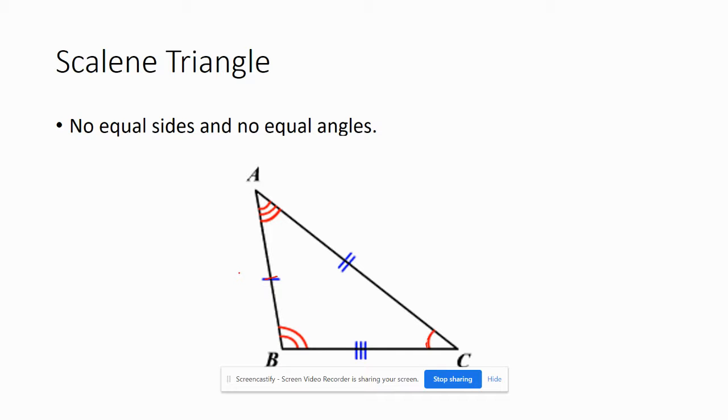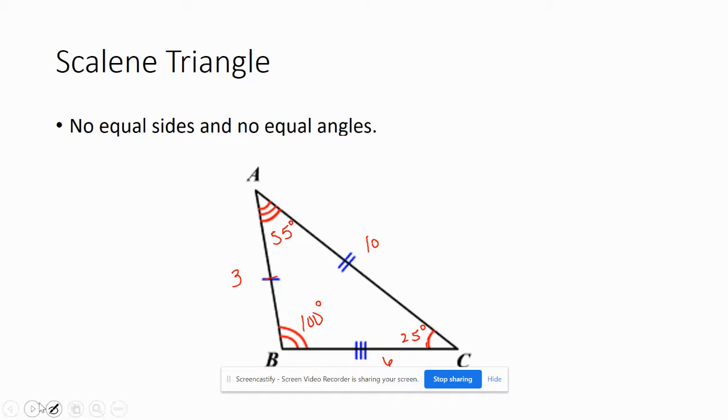So, for example, this would be something like, let's say, 3, 6, and 10. And then the angles would be something like, let's say this is 100. This one is, let's say 40. Nope. Let's say 55. And this one would be 25. They're all different angles.